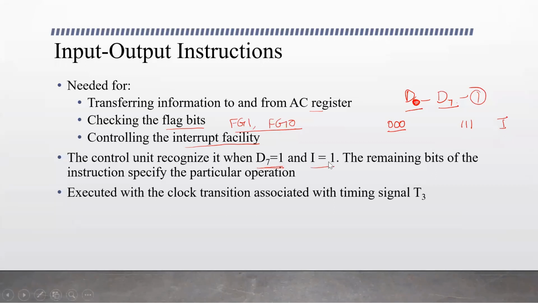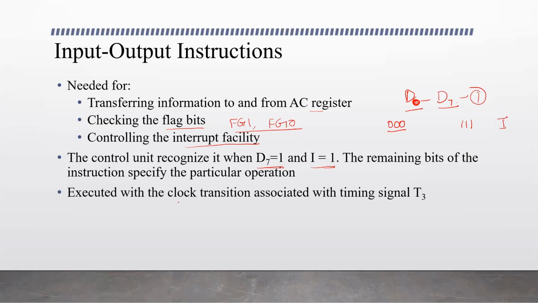When D7 is 1 and I is equal to 1, it is recognized as an IO instruction. The remaining bits of the instruction, bits 0 to 11, the other 12 bits, are used to specify the particular operation.